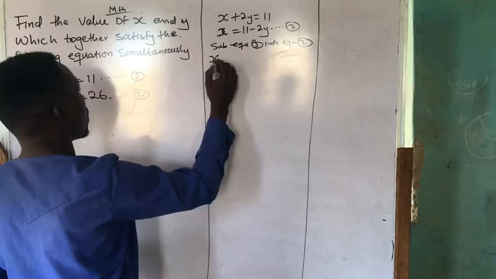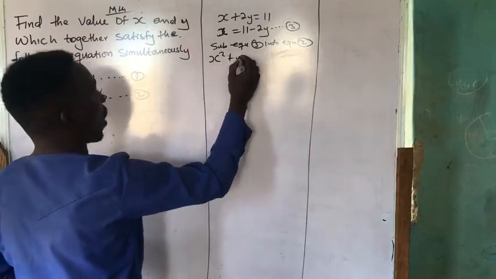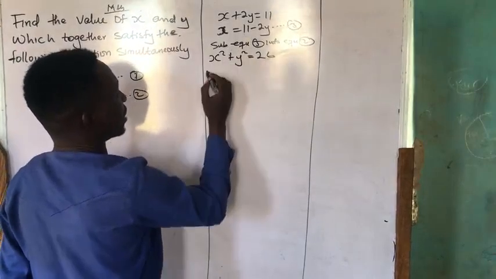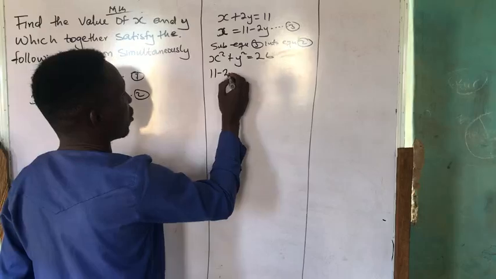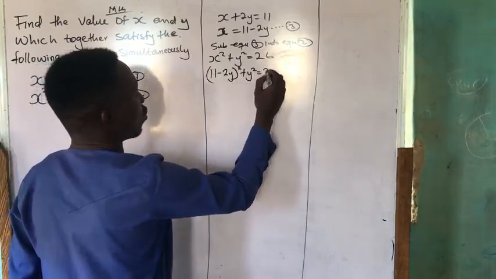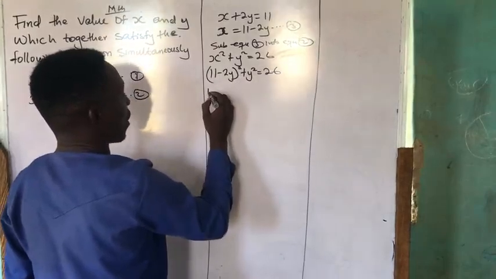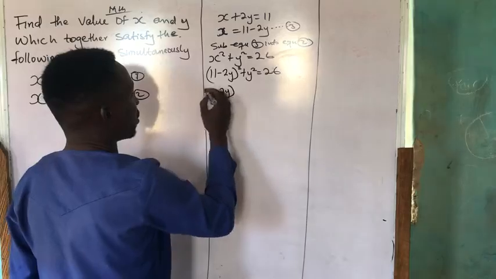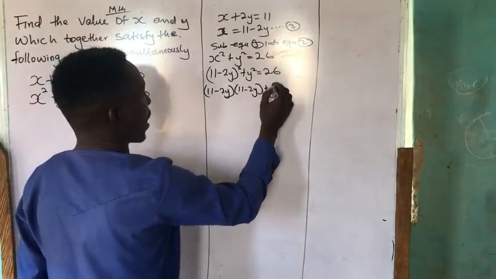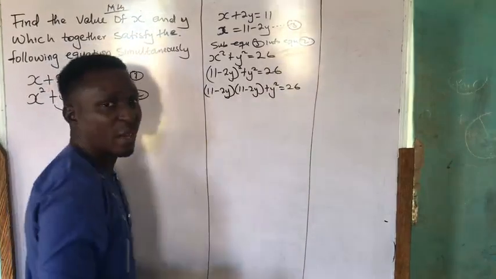So equation 2 is x squared plus y squared is equal to 26. My x is 11 minus 2y, so it's 11 minus 2y all squared plus y squared is equal to 26. So you have 11 minus 2y times 11 minus 2y plus y squared is equal to 26.